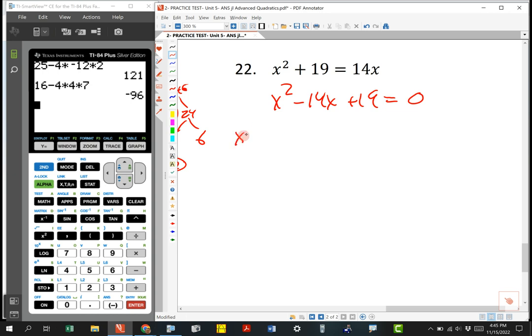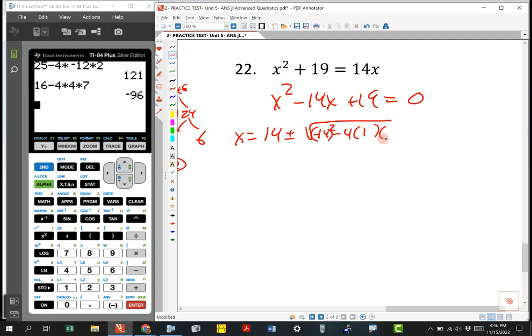So this is going to be x equals 14, because that's the opposite of b, plus or minus. And I might be grabbing a calculator on this one, because this is 14 squared minus 4 times a times c. And I'm going to put that in parentheses so I don't make a mistake there. And that's a negative 14. And let's see.